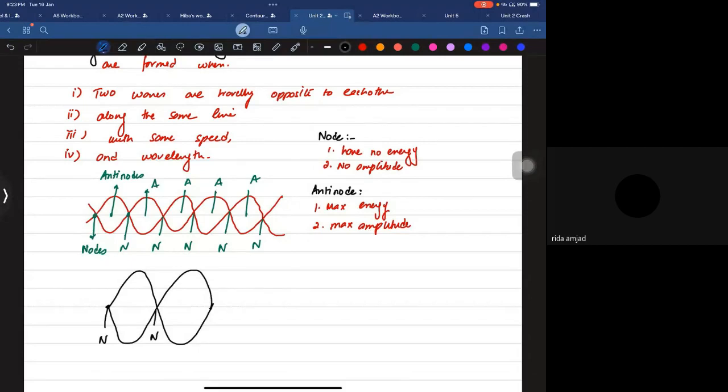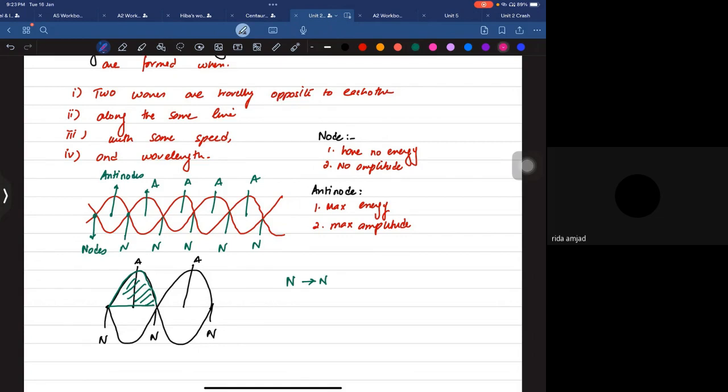This is also a node. This is also a node. This is an antinode, and this is an antinode as well. Now check this out. If I find the distance from a node to a node, it's basically half the wavelength. Do you guys understand that? So node to node distance is half wavelength.